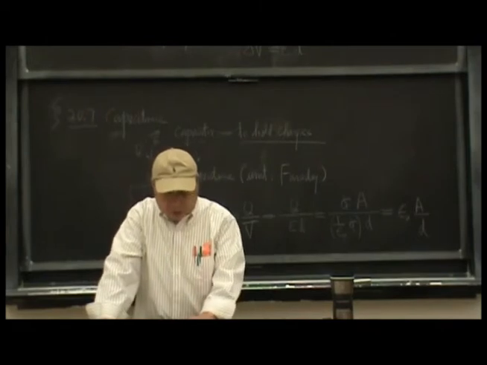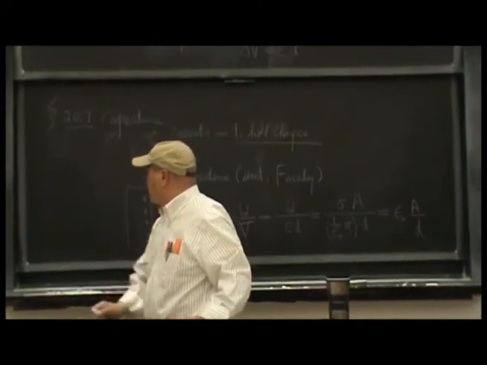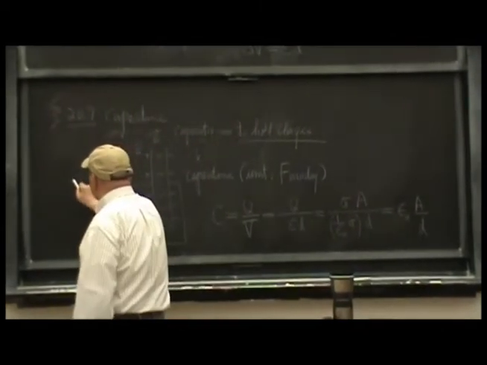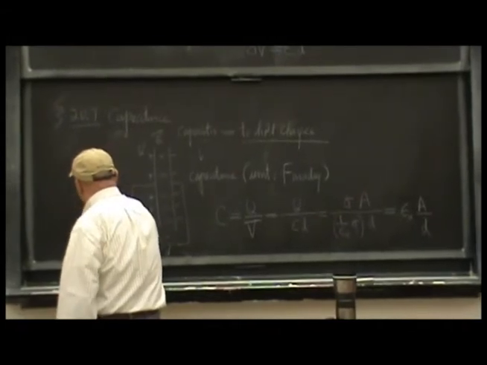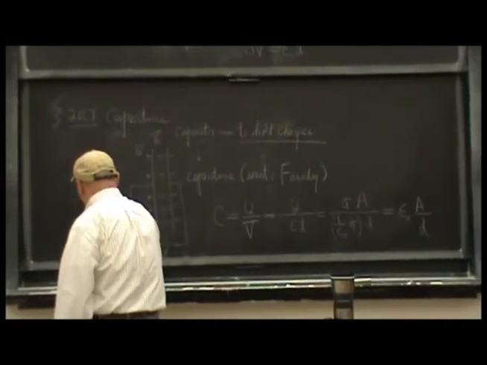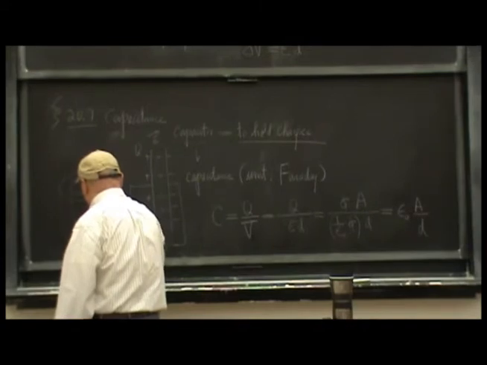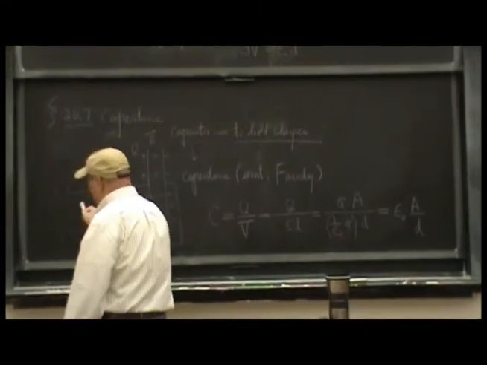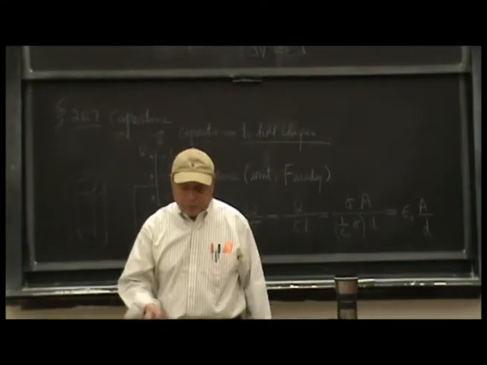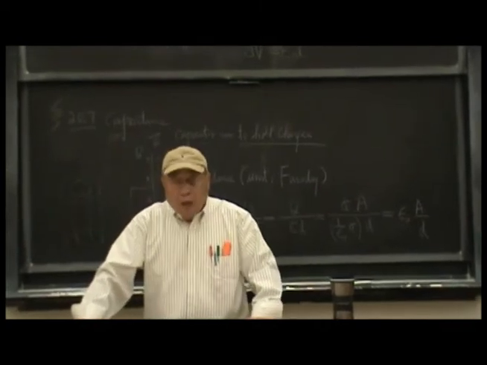The cylindrical shape of capacitor is something like this, a circular one, with circular charges like this. This is more compact. You can wrap this around.